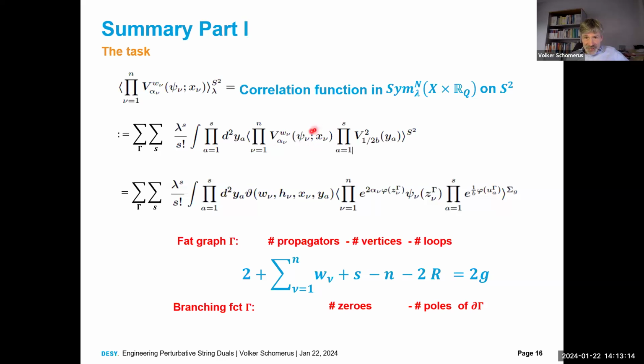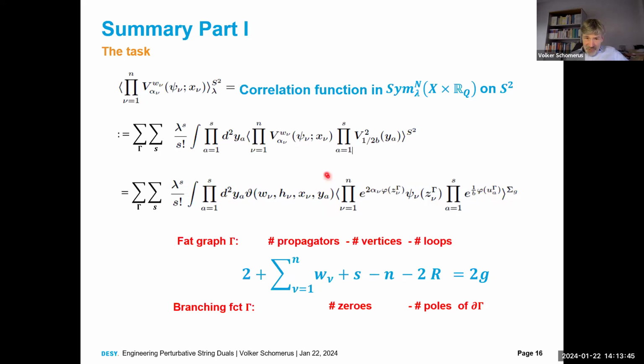I mean, we can go from this description, which is a description of correlation functions on the 2-sphere, we can pass to a correlation function in the parent theory on the surface of genus G, and then that looks as such. So now the fields are all inserted at the branching points of the branched cover, as I described before, and the same with these.